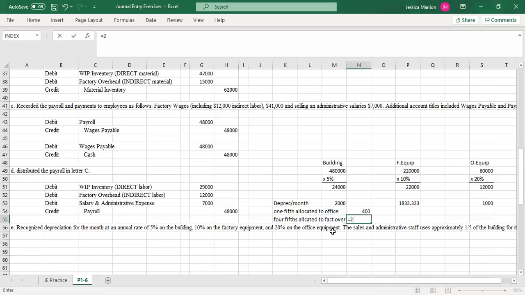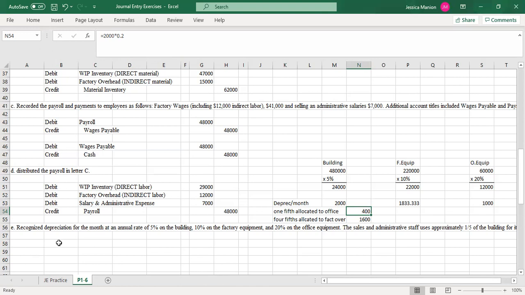So equals 2,000 times 0.8, 1,600. So of this 2,000 depreciation for the building, 400 is going to get allocated to selling and administrative expenses. The rest of it will get allocated to factory overhead.